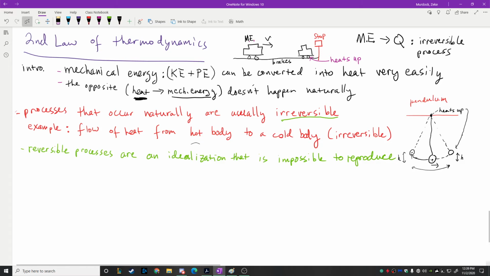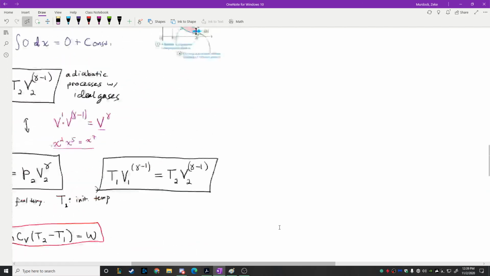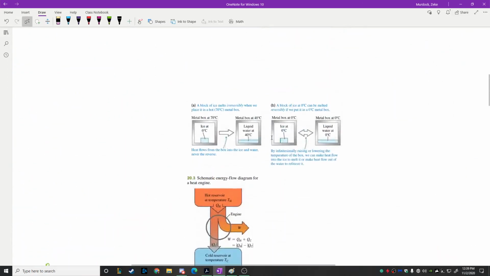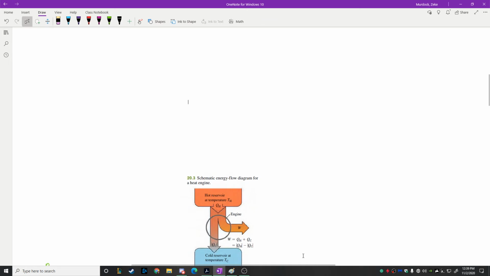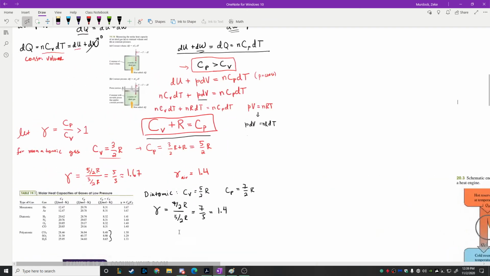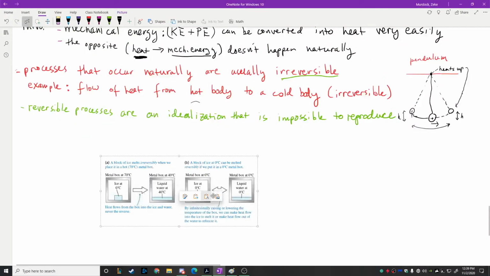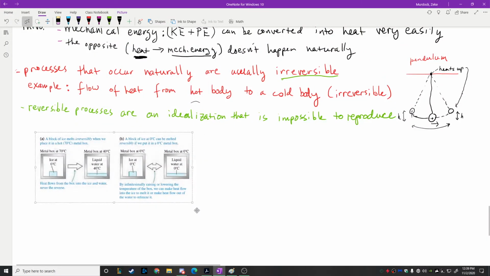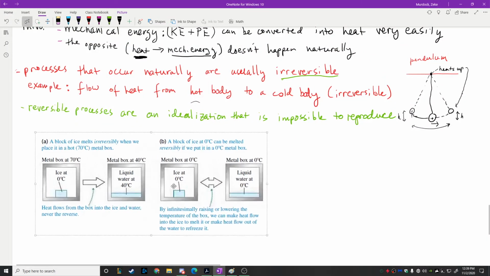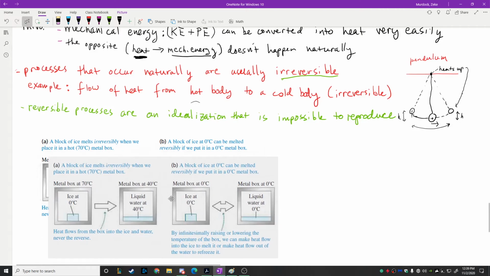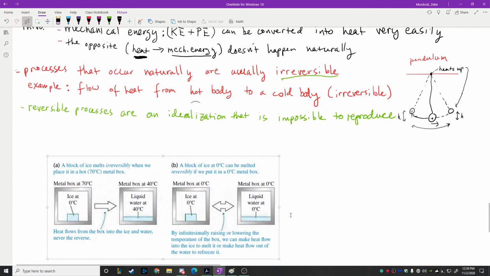So there's a picture here that kind of shows what these processes look like. If you're going to have a reversible process, it requires that the system roughly stay at equilibrium, okay?